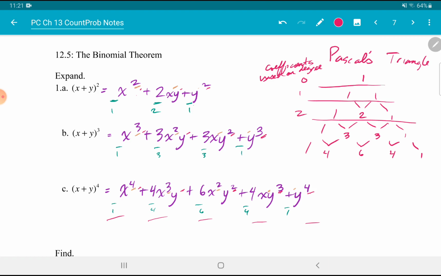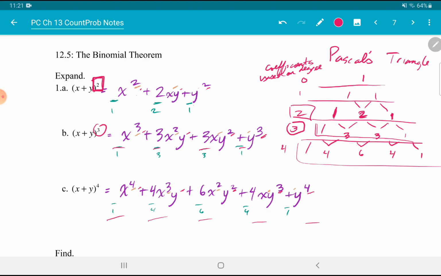Notice when we have a degree of 2, a binomial that's being squared, we have the coefficients of 1, 2, and 1 there. If we have a degree of 3, we have the coefficients of 1, 3, 3, 1, as you can see in Pascal's triangle right here. And then degree of 4, you see 1, 4, 6, 4, 1, and so on and so on. So you can just keep on going.